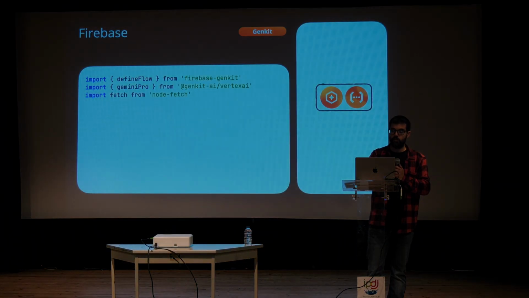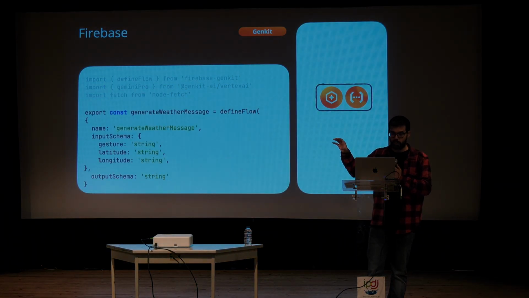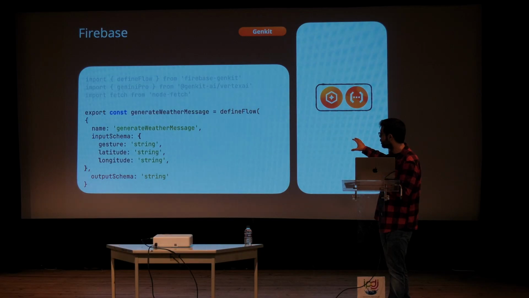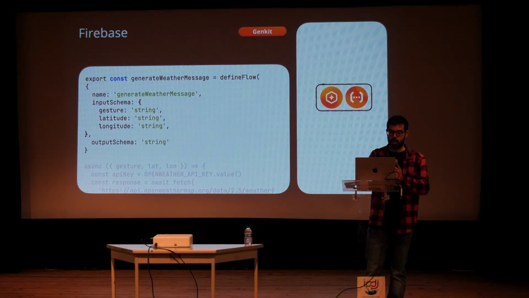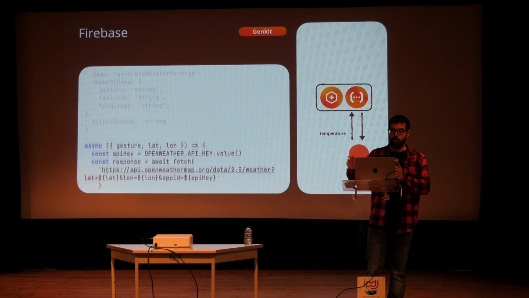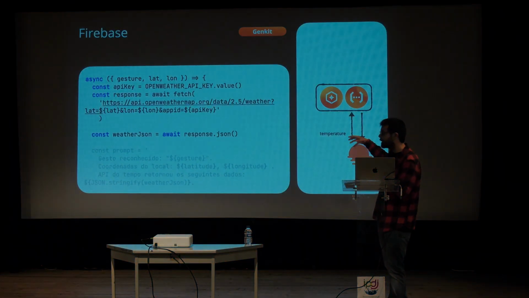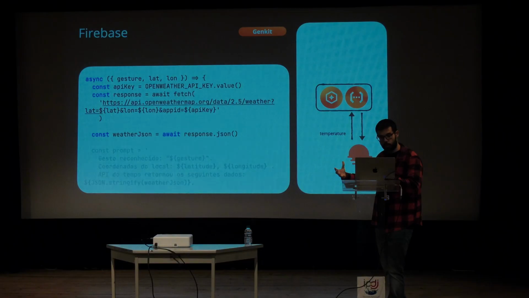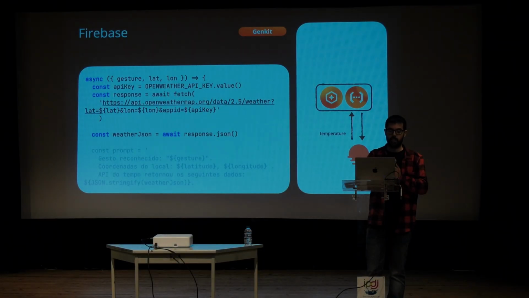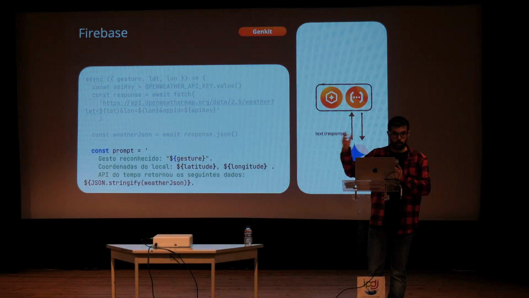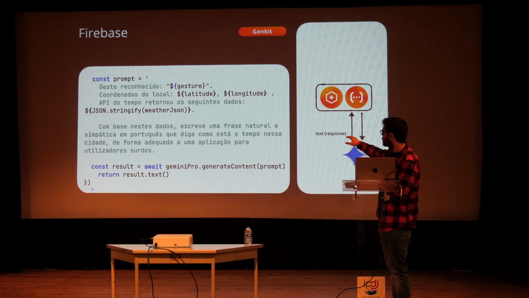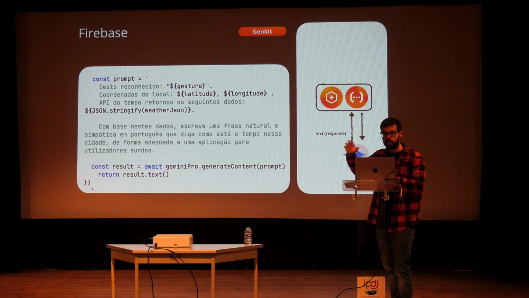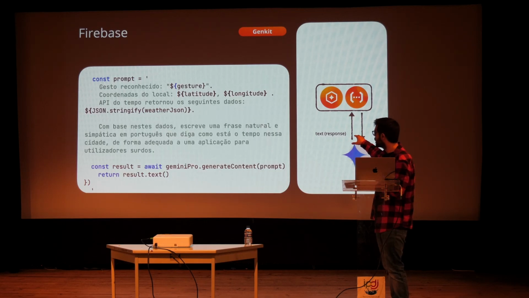So once again, a bit of code here just to show you how simple it is. I've created an interface here from the information that I want. This is running on Firebase, and once I receive this information, I make a query to the OpenWeather API that's going to return a JSON with that information. Then I make a prompt to Gemini: I say that I recognized a gesture, for instance, the weather, these are the coordinates of that person, and the weather API returned this.